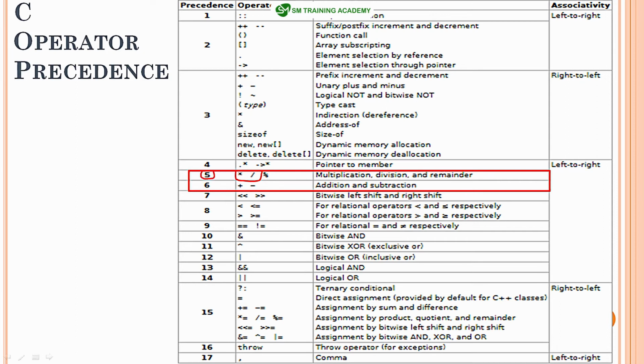So in this case, what you can do is, you can look into another parameter called associativity. So when the expression has operators of the same priority or precedence in its evaluation, then associativity of the operator comes into play. So this last column right over here is the associativity of all the operators.